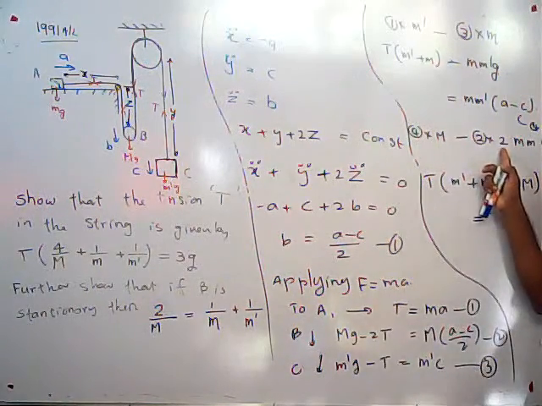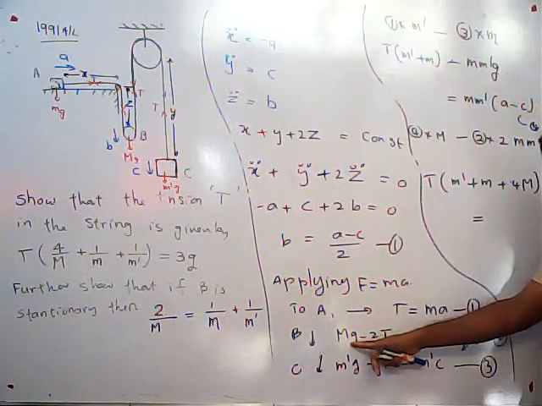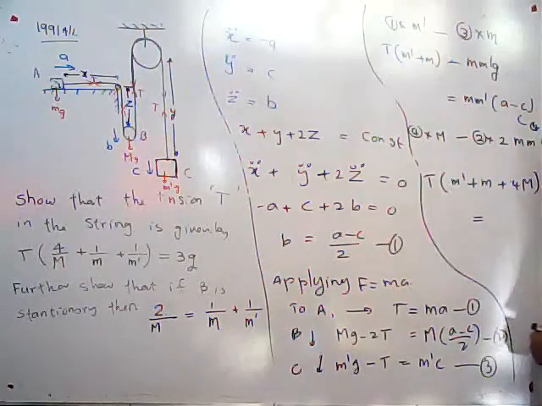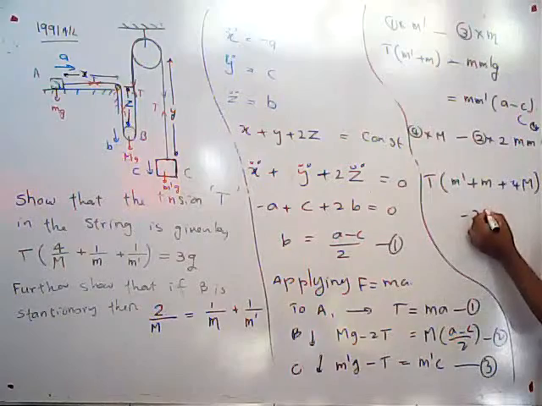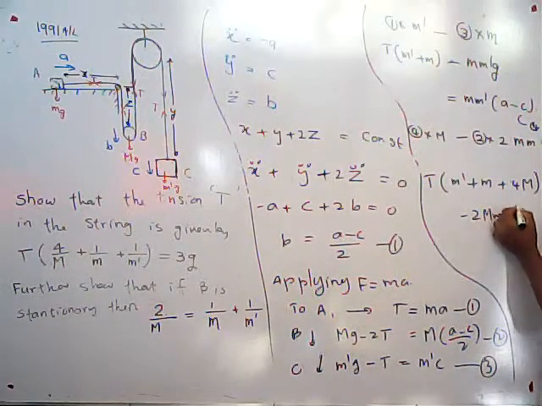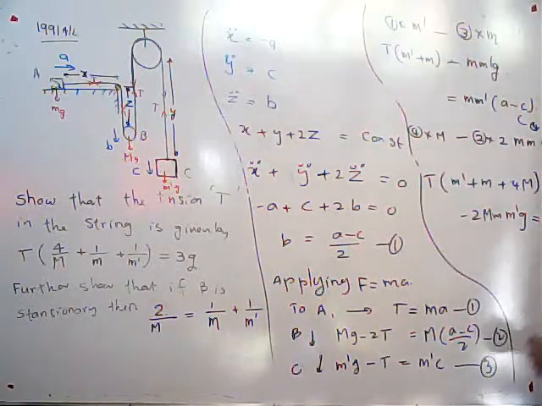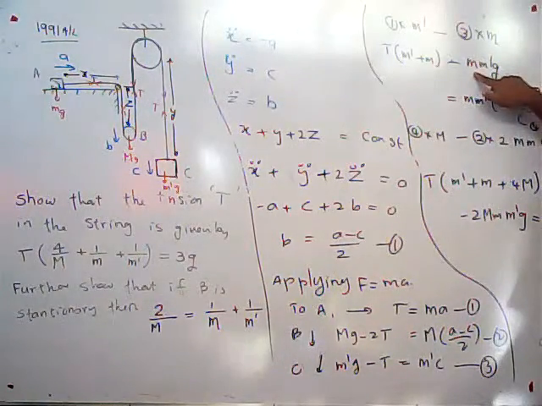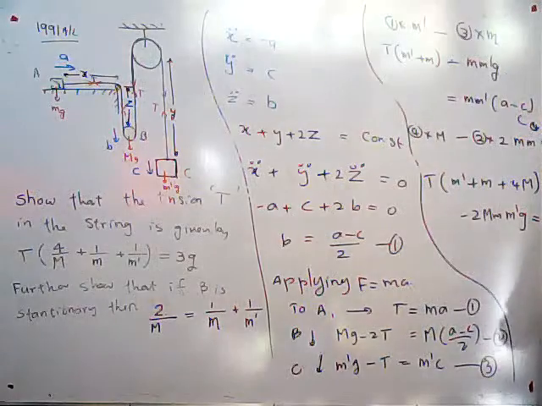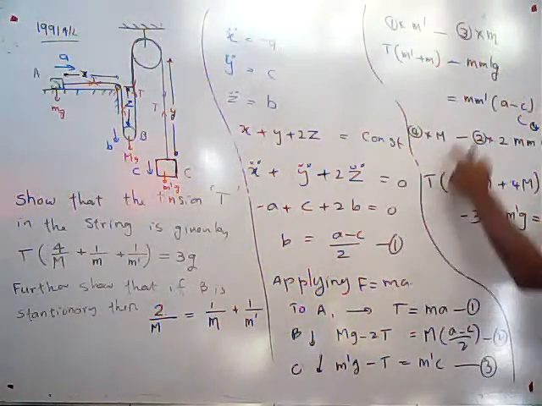This is multiplied by 2m dash minus, so that will give 2m dash g minus 2 equals, on the other side, minus 2 and taken together with this will be minus 3 equals 0. The other side will disappear.